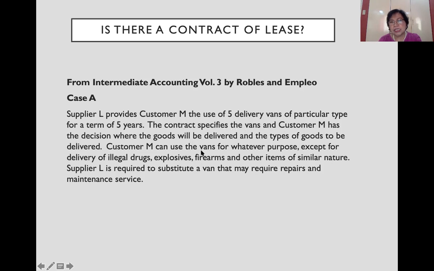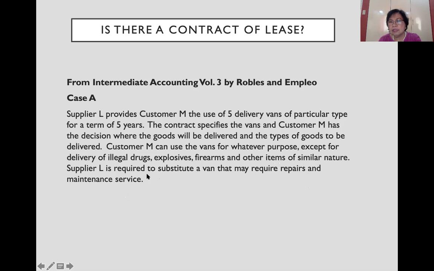So the fact that there is a provision in the contract that the vans cannot be used for delivery of illegal drugs, explosives, firearms, and other items of similar nature are just necessary to physically protect the vans. And actually, that is normal for the supplier to protect these assets. Therefore, this one is a contract of lease.